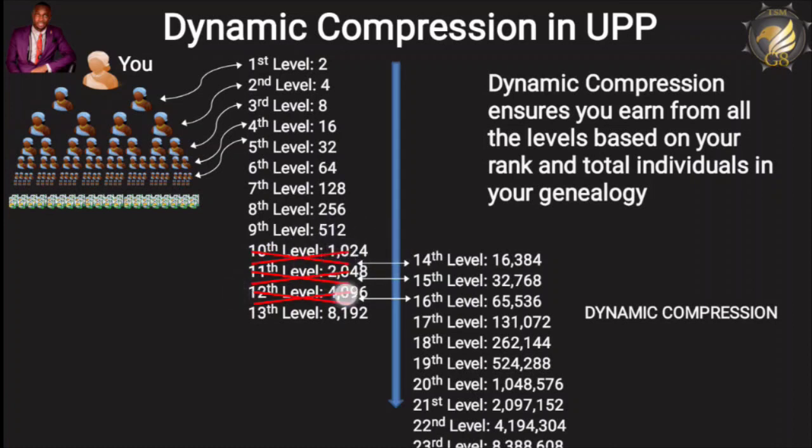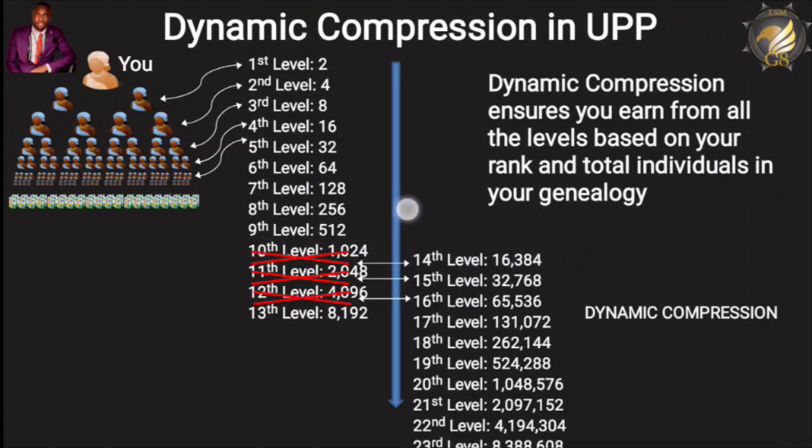But because they did nothing, the system forgot them. And you get that now those who are replaced under level 10 are 16,000 people. So instead of you going to earn from 1,024 people who are less, the system has brought those ones from below and they have replaced them where those who did nothing were, okay?